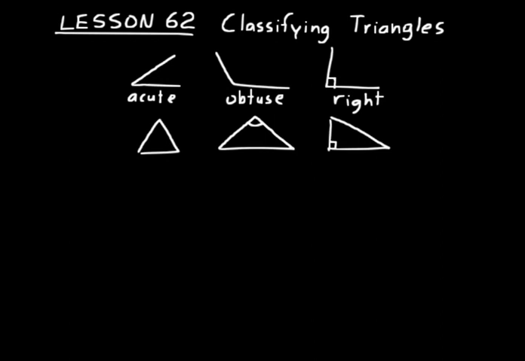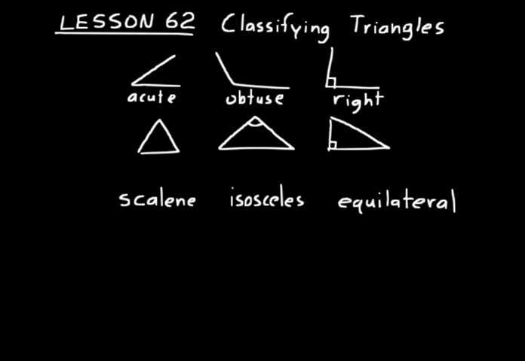Then we can also classify them according to their sides. If we classify them according to their sides, there's three different ways we classify them: scalene, isosceles, and equilateral. Scalene triangles have no sides that are the same length. Isosceles, iso means same.